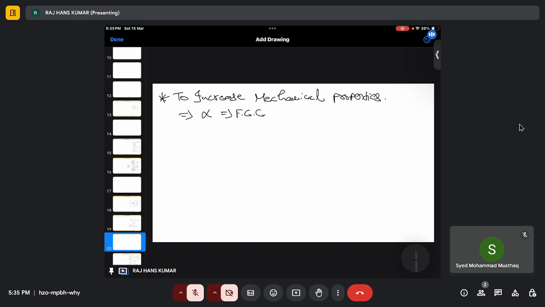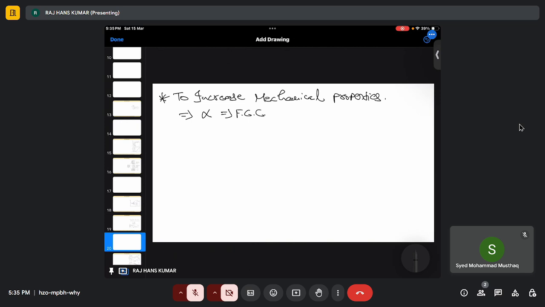We need to have a successful slip, a good slip system. So FCC has its own slip systems for dislocations to move.